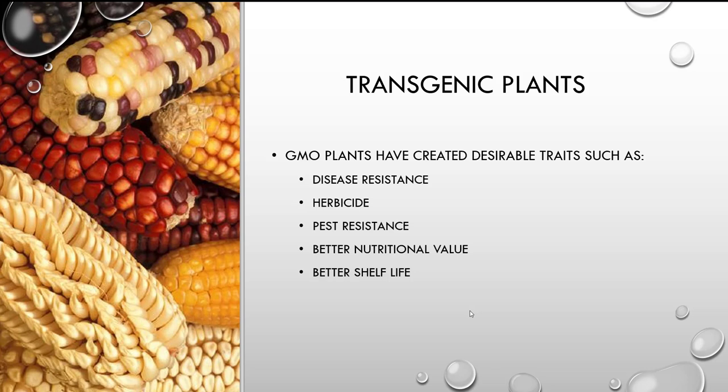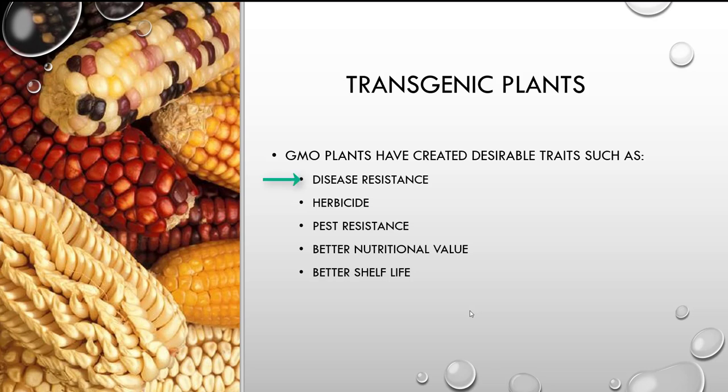Okay, so let's switch over to agricultural uses. This we usually use with transgenic plants. With transgenic plants, we have a lot of GMOs. Remember, GMOs are genetically modified plants, and we use them to create desirable traits. That could be, for example, disease resistance.